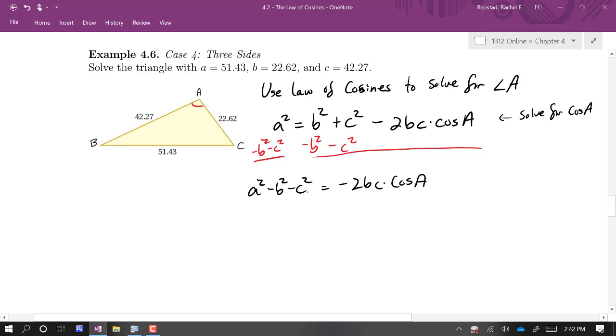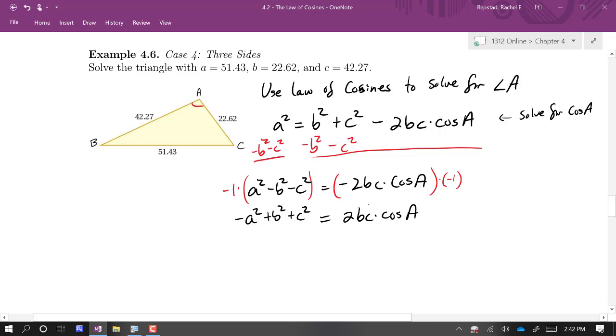I'm going to multiply both sides by -1 just for convenience. If you didn't do it, you can carry the negative through and take care of it a different way. But I'm just going to multiply both sides by -1. And when we do that, we get negative A squared plus B squared plus C squared on the left. On the other side, 2BC times cosine of A.